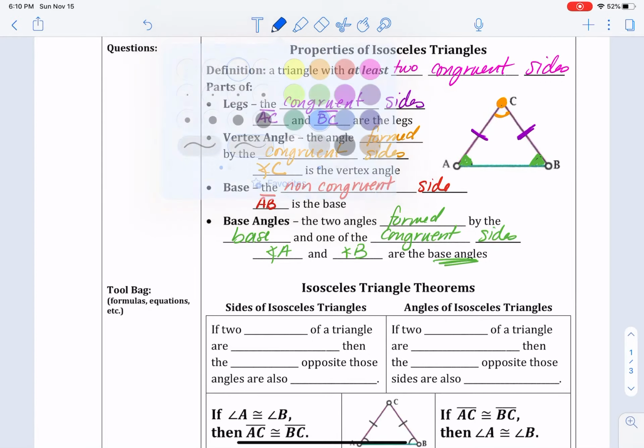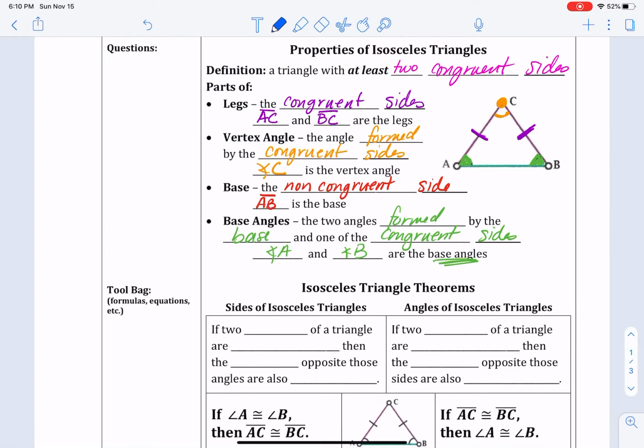There are two theorems for isosceles triangles. The first one deals with the sides of isosceles triangles. If two angles of a triangle are congruent, then the sides opposite those angles are also congruent.